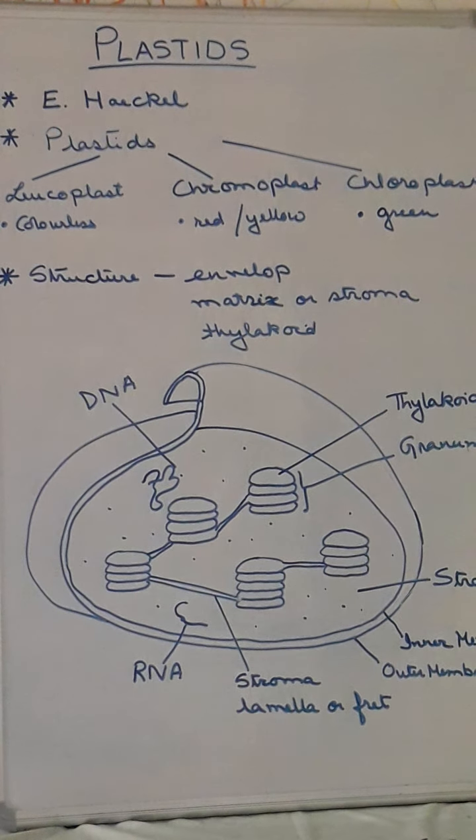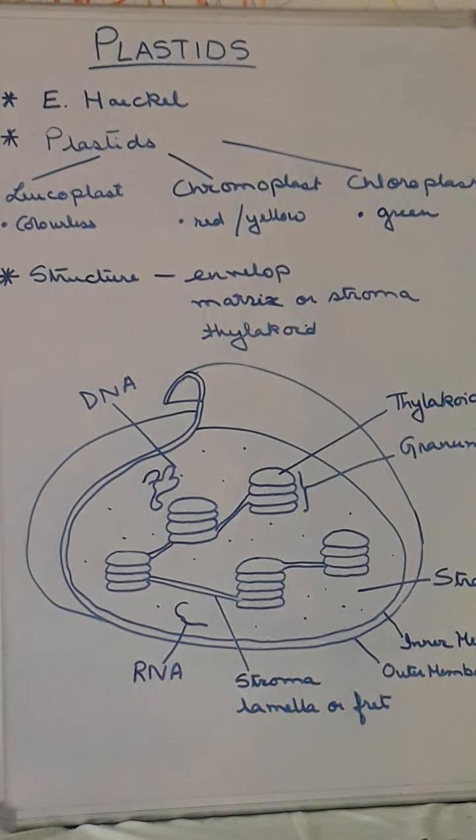Then this inner membrane encloses a semi-fluid substance which is known as the matrix or the stroma. Now the stroma is the main site of photosynthesis. It consists of DNA, RNA, ribosomes, and plastoglobules, which are lipid droplets. DNA is present, which helps in replication, and RNA is there, which helps in transcription.